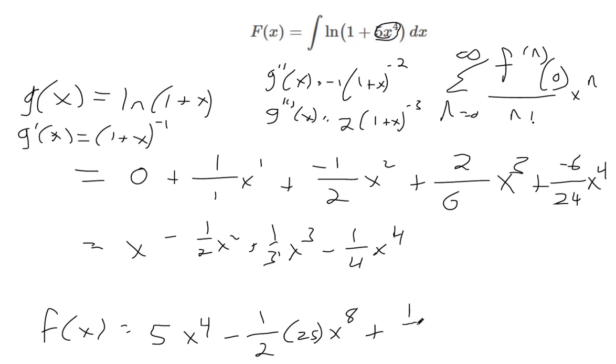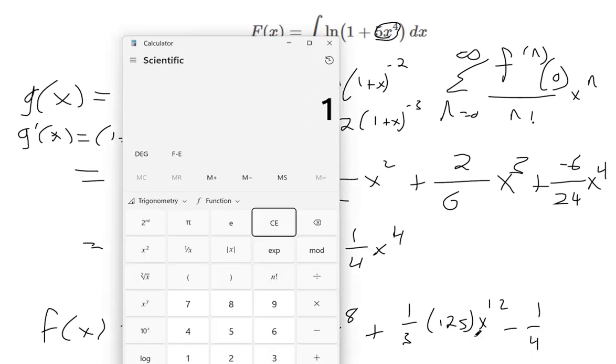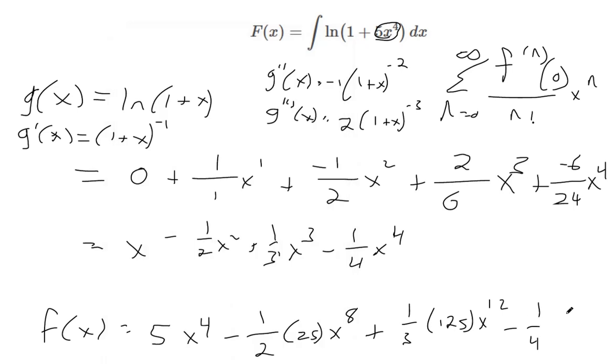Then 1/3 times 5 cubed, which is 125, and x to the fourth raised to the third power, which is x to the 12th. And minus 1/4 times 5 to the fourth power, 625, and that's x to the 16th, since 4 times 4 makes 16. So there, we've got f of x.